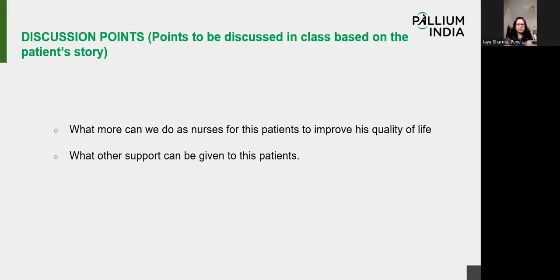Ultimately, the final outcome was that we shifted her to a single room, and visitors were also not restricted, because in the end she was not responding to the treatment.